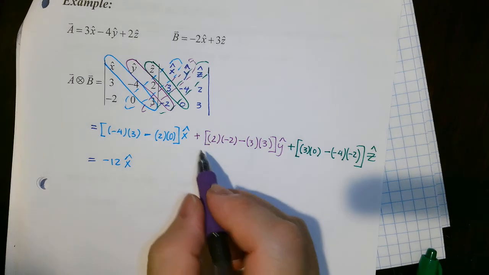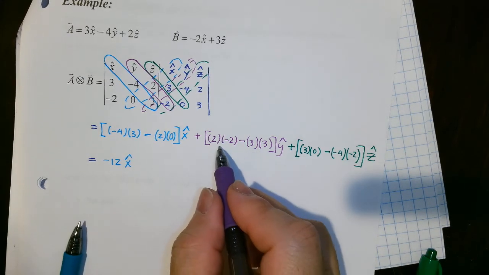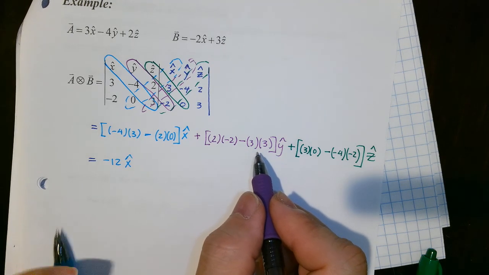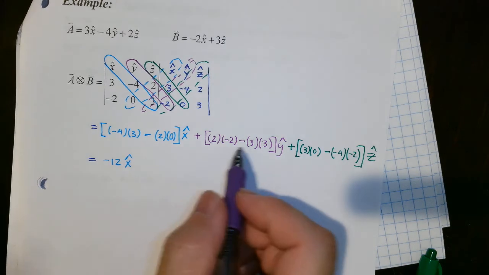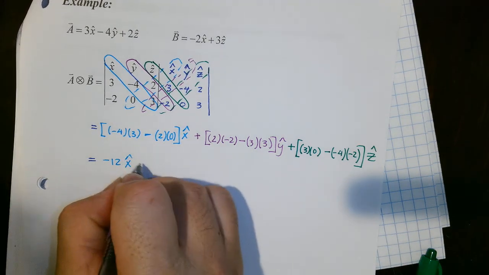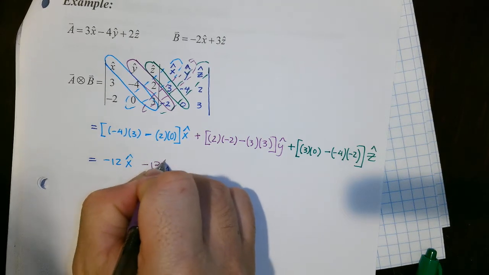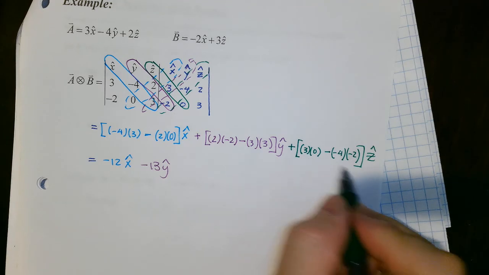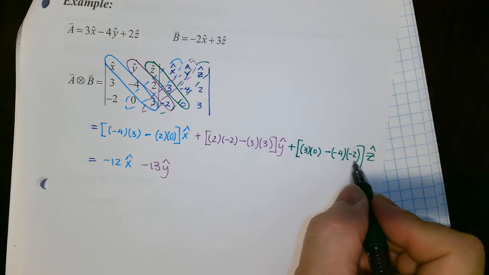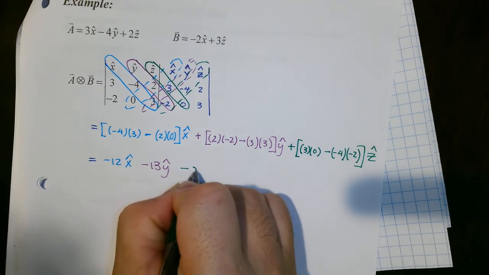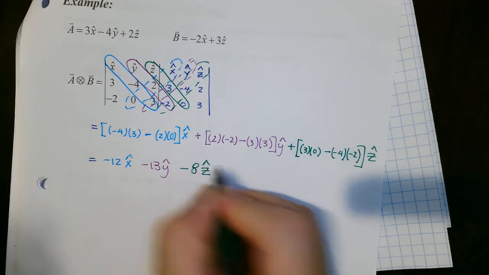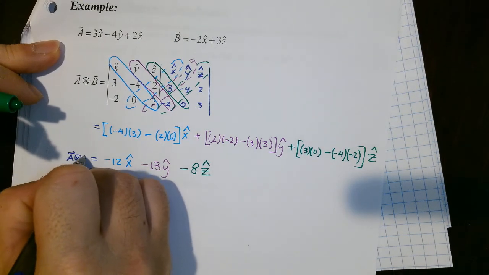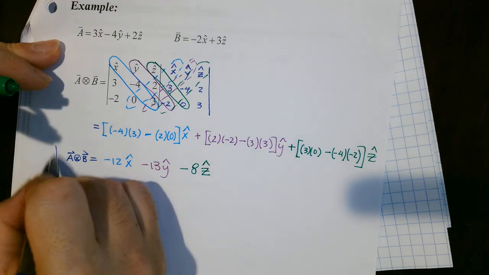And then if you do all this, you're going to get negative 4 minus 6, I mean minus 9, so you're going to get negative 13y hat, and then you're going to get 0 minus 8, so you're going to get negative 8z hat as your A cross B. Okay.